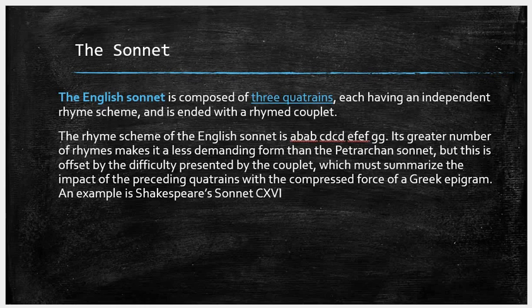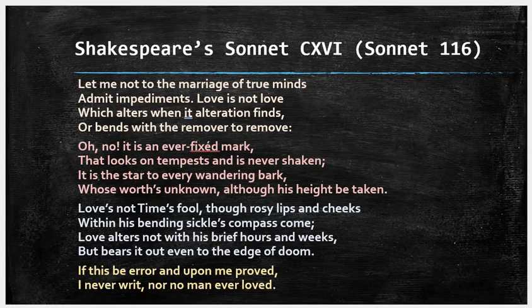An example of the English sonnet is Shakespeare's sonnet number 116. If we look at this poem, Shakespeare's sonnet 116, we can notice that the first 4 lines, the first stanza, is rhymed like A, B: minds, finds, love, remove.